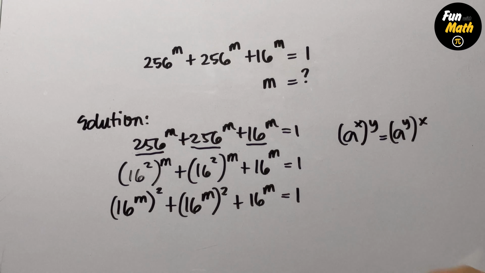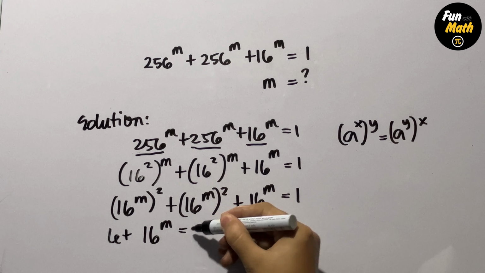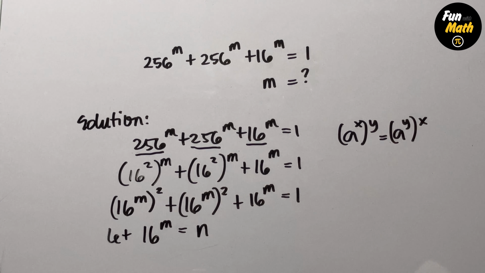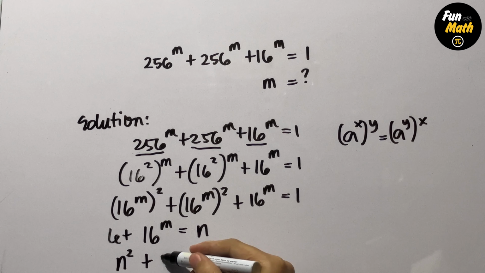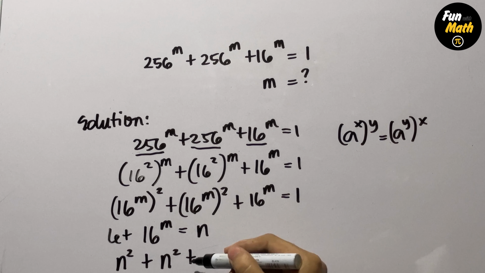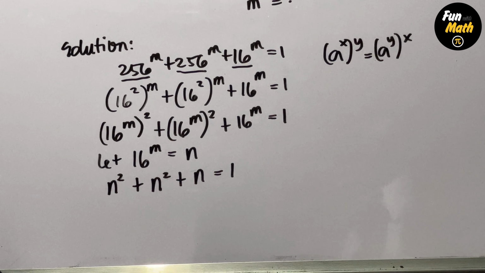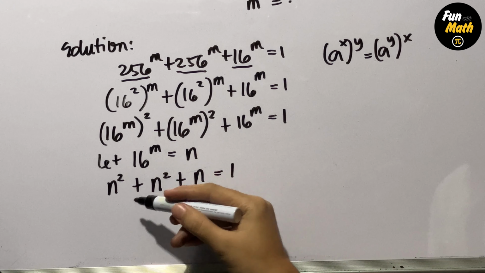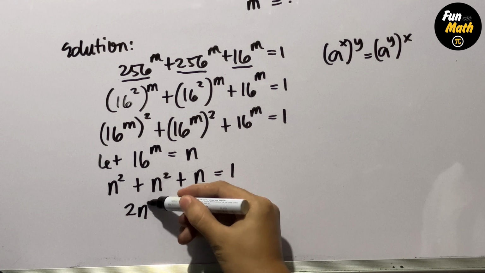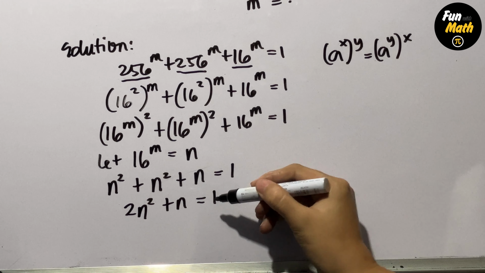Next, we can let 16 to the power of m be equal to n. So that is now n squared plus n squared plus n equals 1. Combining like terms, n squared plus n squared is 2n squared, plus n equals 1.